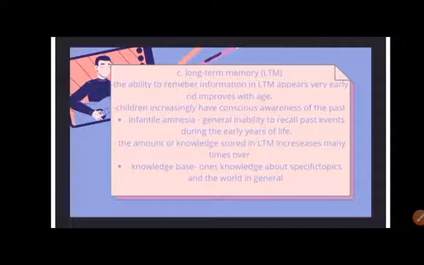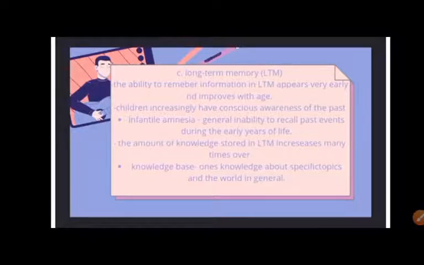So, infantile amnesia is the inability to recall the memories of our past. For example, in the early months or days after our birth, we don't have enough memory to recall what we did in that time. The amount of knowledge stored in LTM increases many times over.